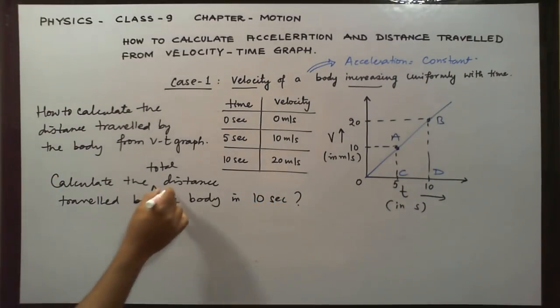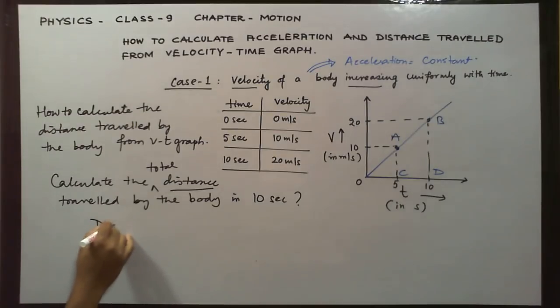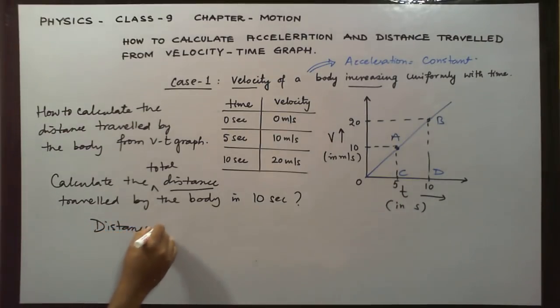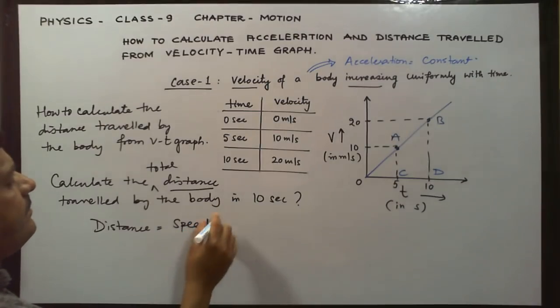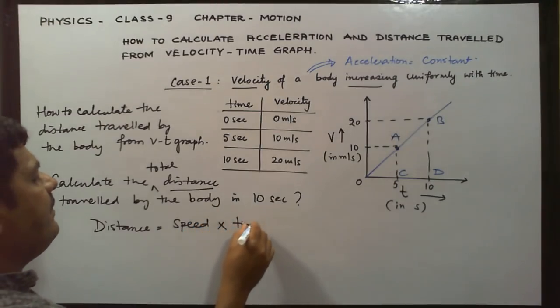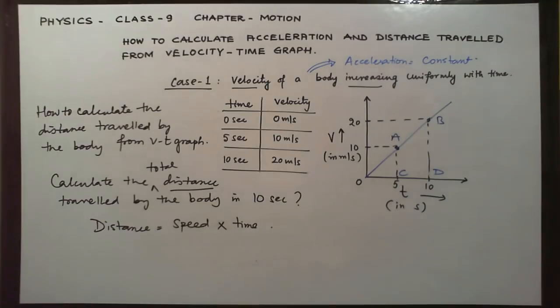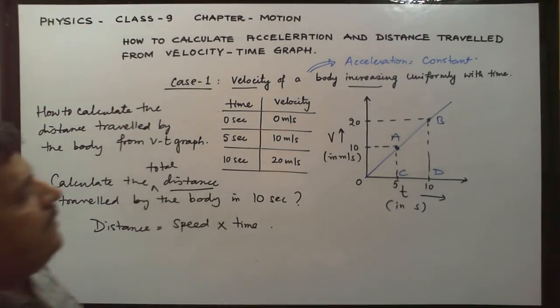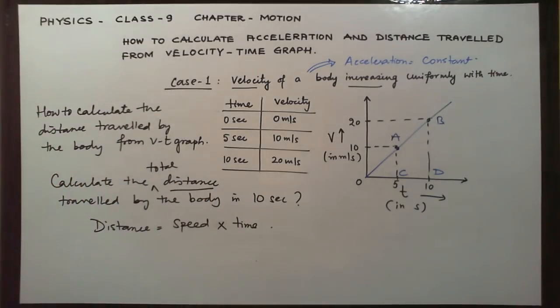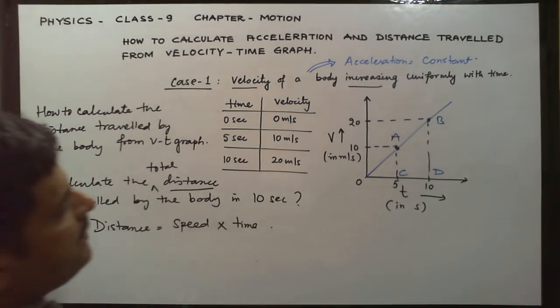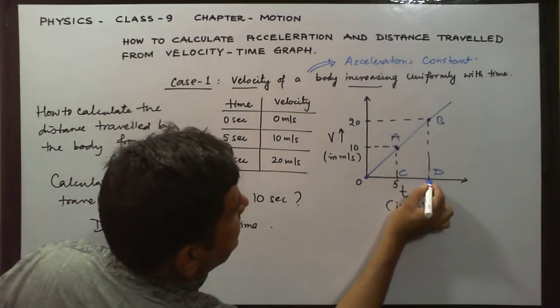Now what is the formula for distance? Distance is equal to speed multiply time. So if you look at this graph, we have to find out the distance traveled between 0 second and 10 seconds.